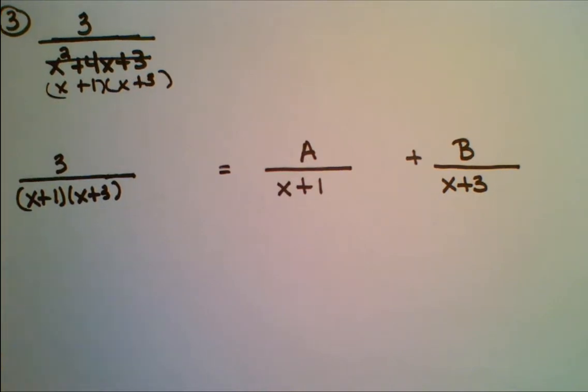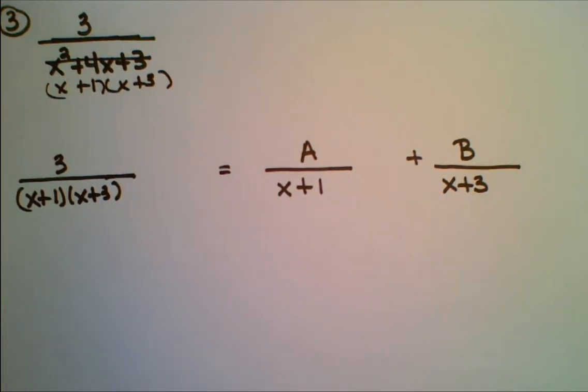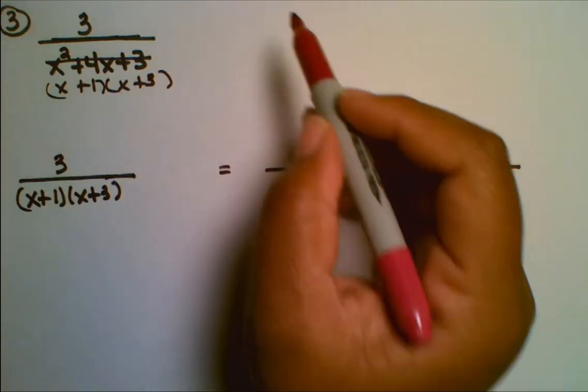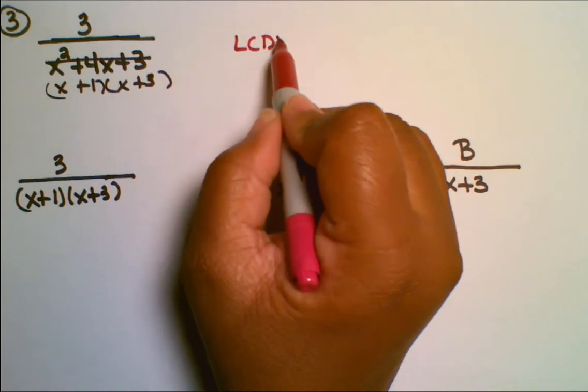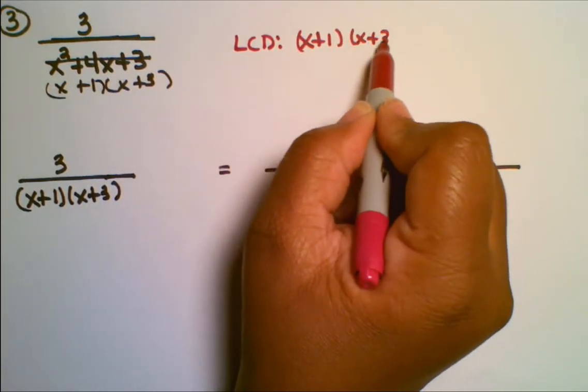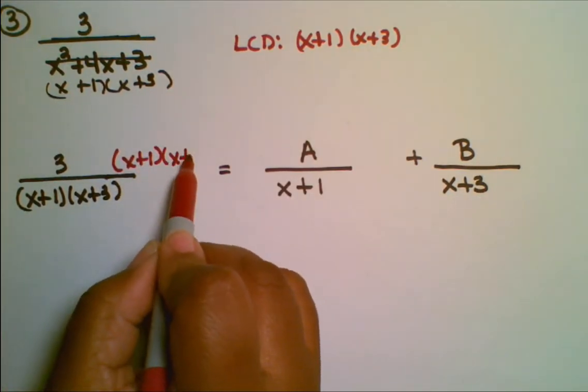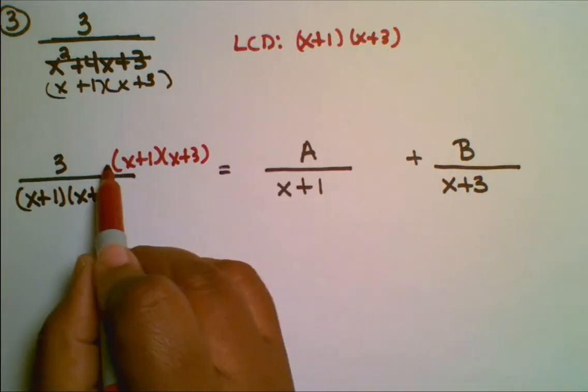Now let's multiply. We want to get rid of the denominators. So we're going to multiply both sides by the LCD, and the LCD is x plus 1 times x plus 3. We're going to multiply those factors on both sides.